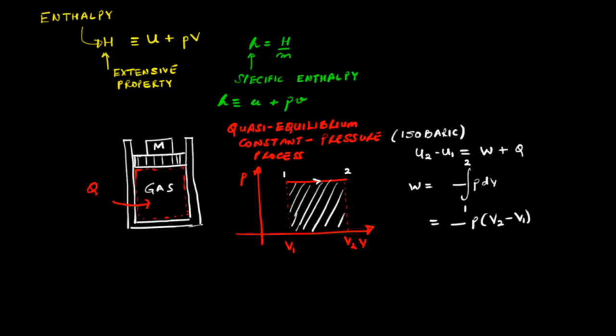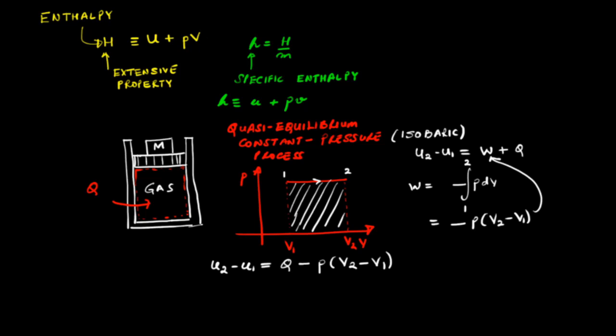So if we plug in this work into the equation for the first law for the control mass or a closed system, then we get U2 minus U1 is equal to Q, that is heat transferred to the system, plus the work done on the system, which is minus P, and P remains constant during this isobaric process, times (V2 minus V1).